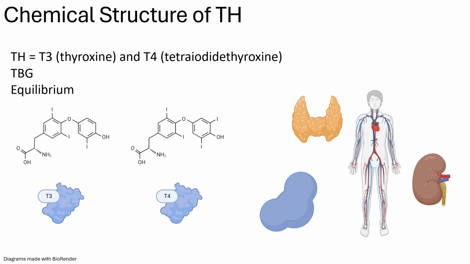T3 and T4 can be measured in your blood. And in fact, we can measure the amount of T3 and the amount of T4. Thyroid hormone acts with these two molecules working together.